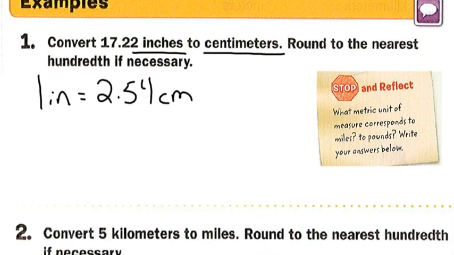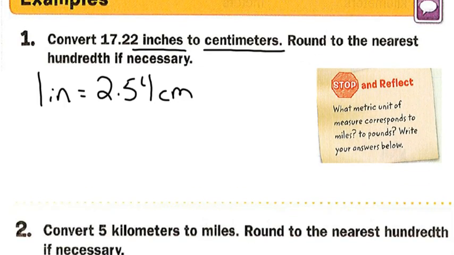All right. So basically, we're saying we have 17.22 inches. How many centimeters is that? All right. So if 2.54 centimeters is 1 inch, then essentially we want to take every single one of those inches is equal to 2.54 centimeters. All right, so if we have 17.22 inches and every one of them is actually 2.54 centimeters, that means we have 2.54, 2.54, 2.54, 17.22 times.